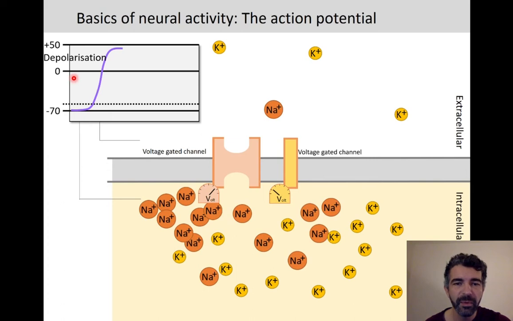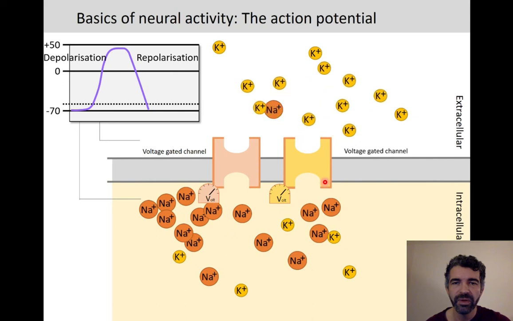We have even more of a depolarization, so it goes even more into the positive range of the voltage here, and this causes a second thing to happen, namely voltage gated channels again that open up at more depolarization, letting K+ go out of the cell.